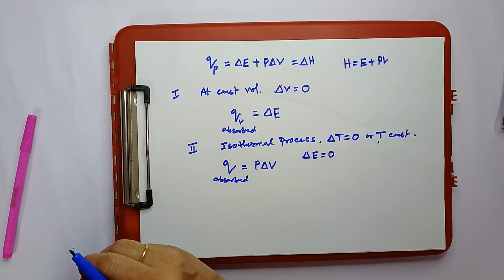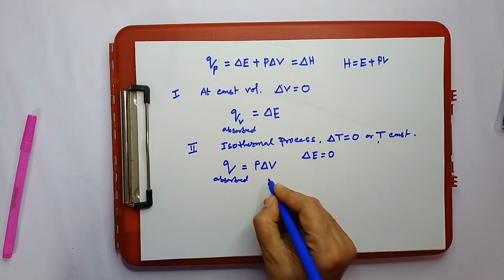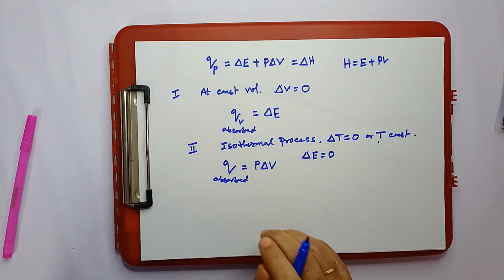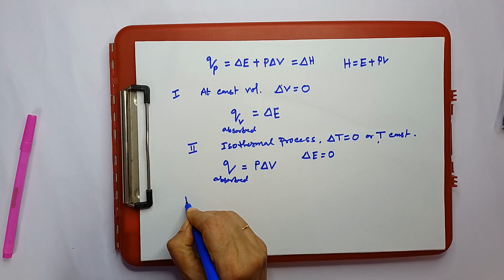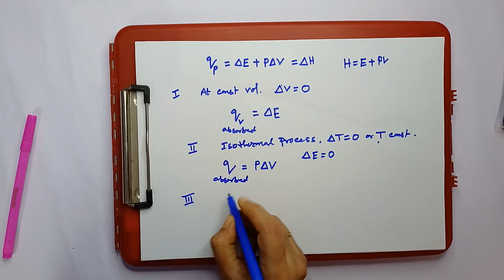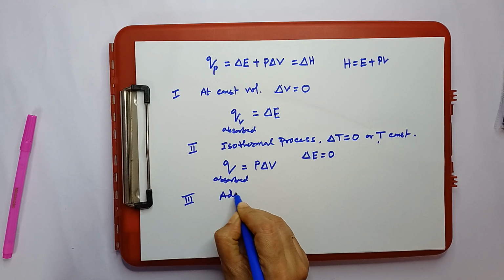So the entire heat absorbed will be equal to the pressure volume work done by the gaseous system in case of an isothermal process.